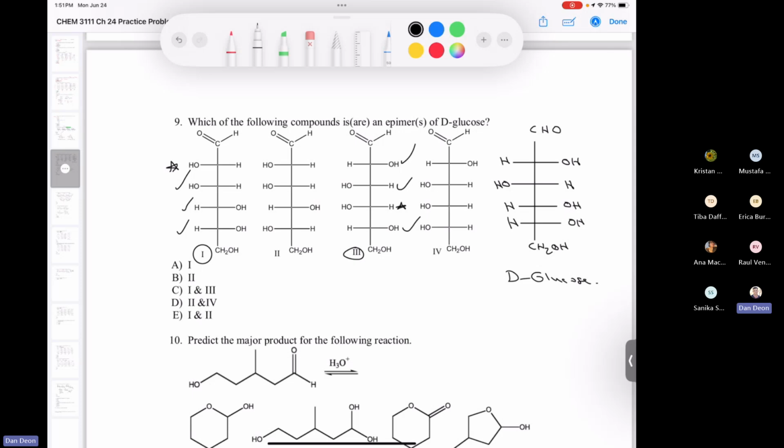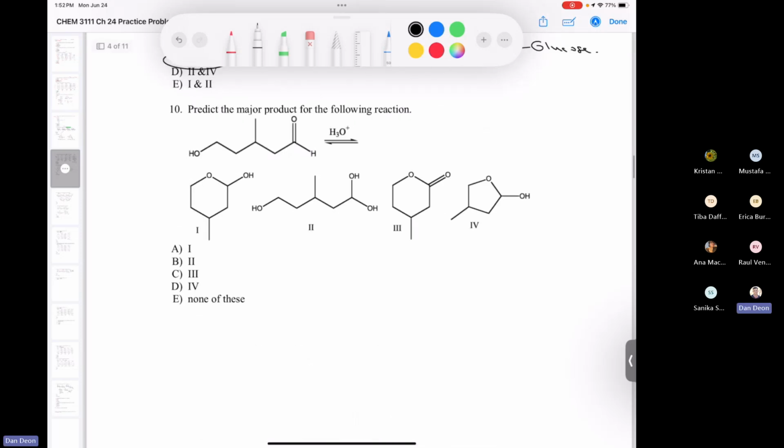So those two compounds just differ at one stereocenter, and those would be the two epimers. The other compounds differ at more than one stereocenter, so they're not epimers. So compounds 1 and 3 are epimers. Again, epimers are diastereomers that differ only in the stereochemistry at one chiral carbon.